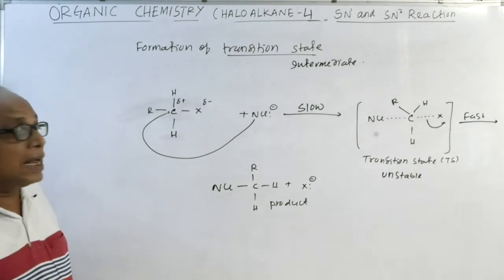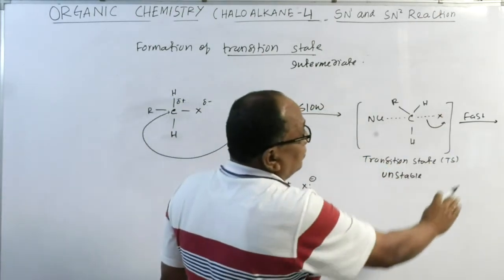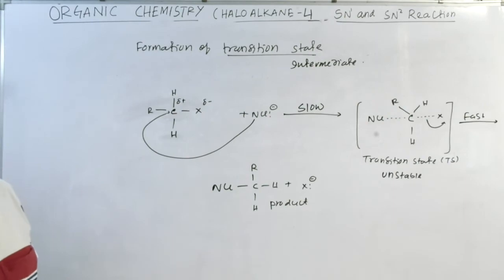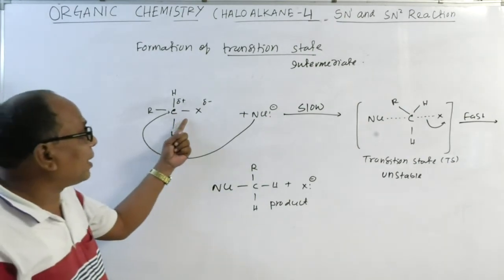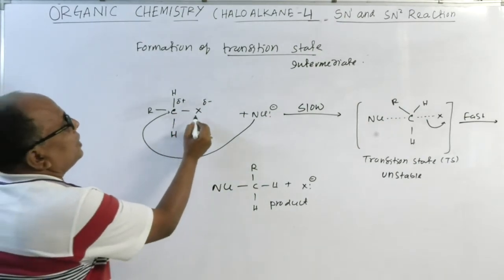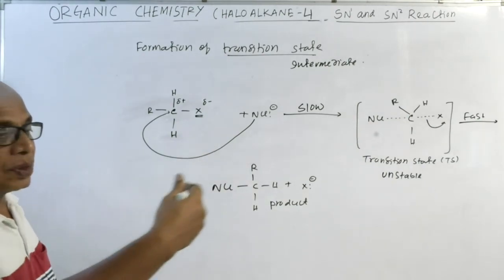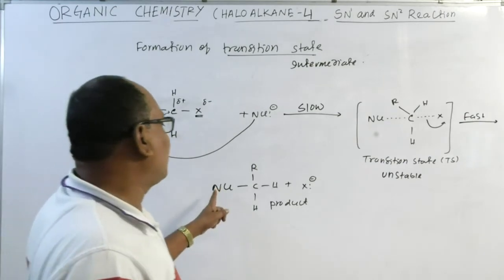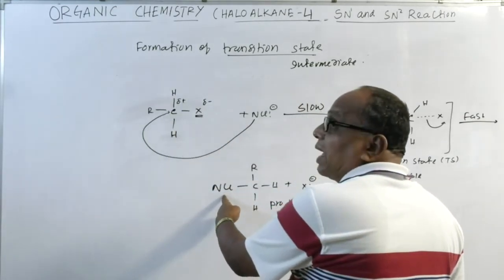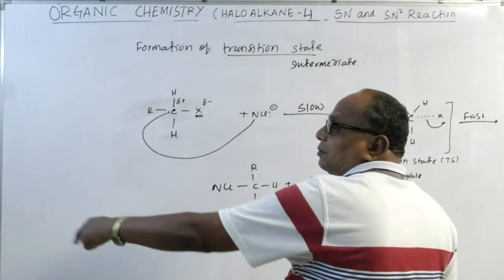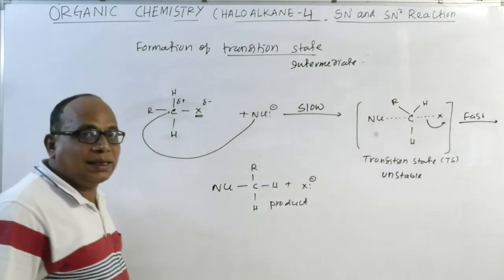Okay, students, and this is the mechanism of SN2 reaction. And what you will get here: you see the halogen atom here is on the right hand side, but the nucleophile in the product is on which side? Left hand side.